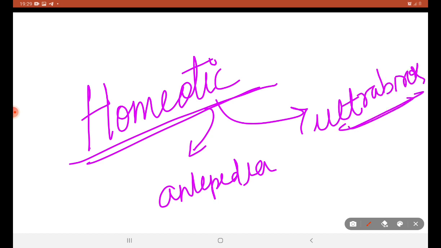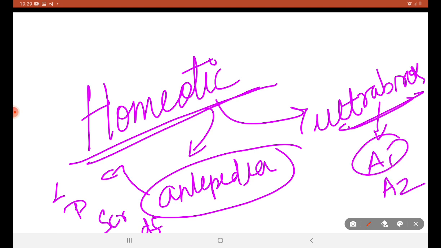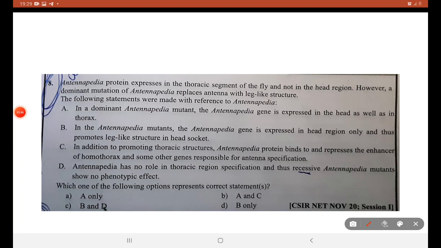In the Antennapedia complex, we have labial, proboscipedia, sex combs reduced, deformed. In the Ultrabithorax complex, we have abdominal-A, abdominal-B and Ultrabithorax. If Antennapedia present in this region is mutated, what will happen?